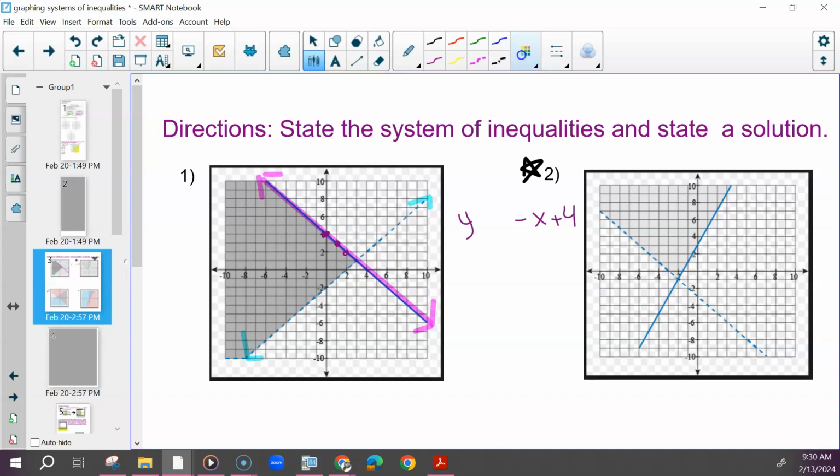And then as a solid line, is this shaded above or below? Below. So this would be which symbol? Strictly less than? Less than or equal to, because of the solid line.